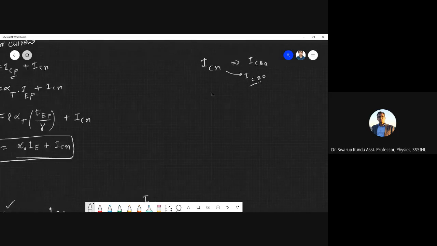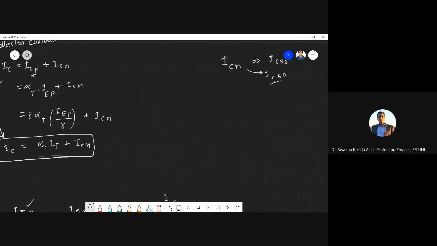So if you consider this, then we can write IC as alpha naught IE plus ICBO, the reverse saturation current. So this is your final collector current.